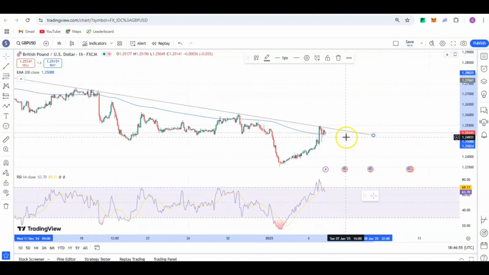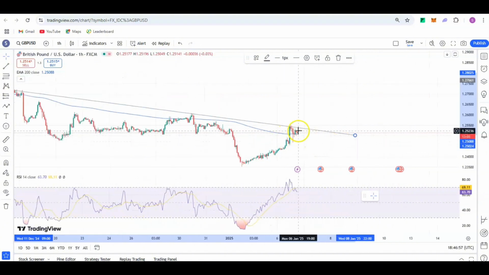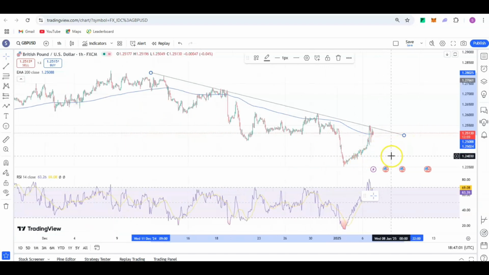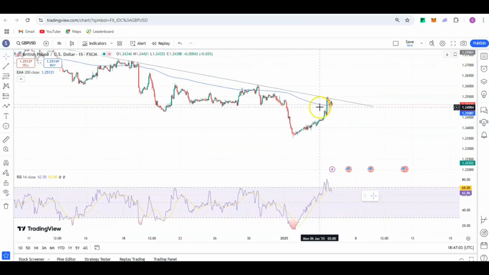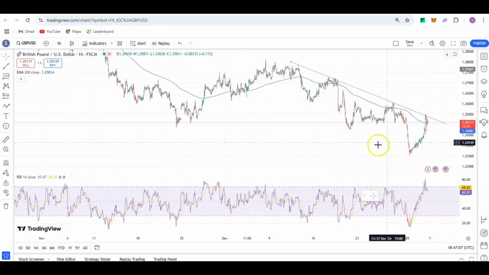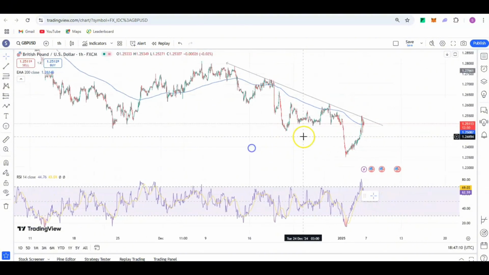So this shows that what we have here is indeed a valid trendline. Let's put this aside for the trendline.